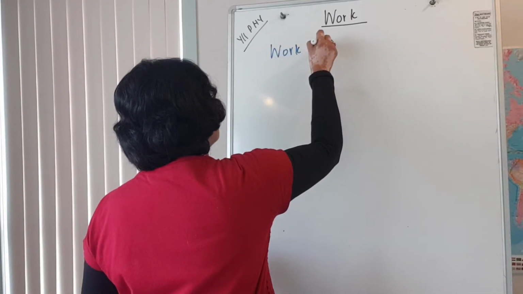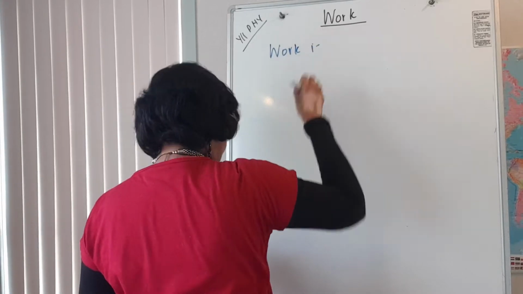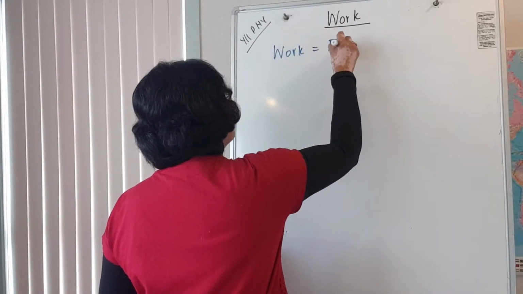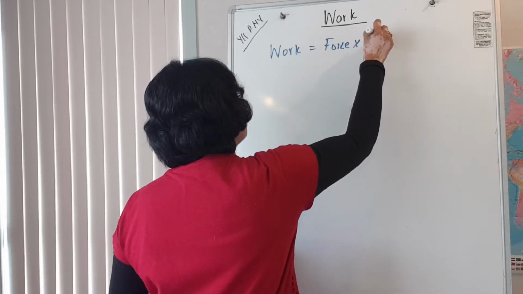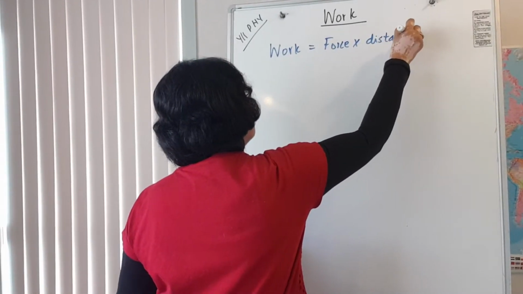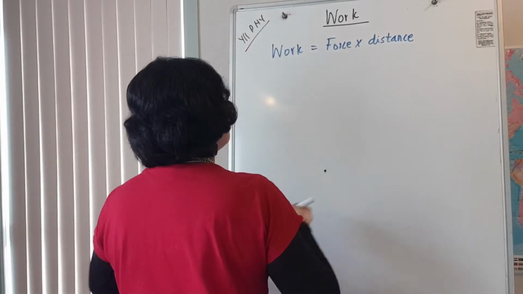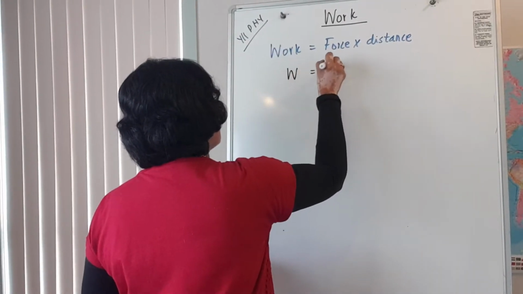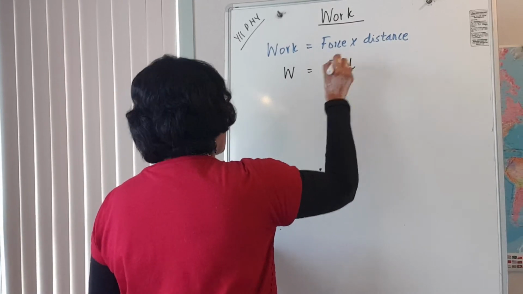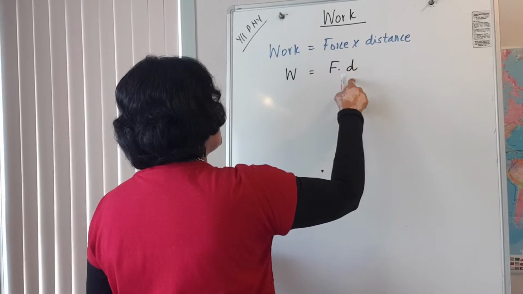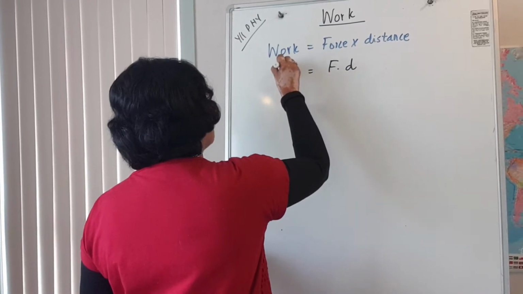Work is equal to force times distance. This is given in words, but on a formula sheet, work is force multiplied by distance. F stands for the force, D stands for the distance.